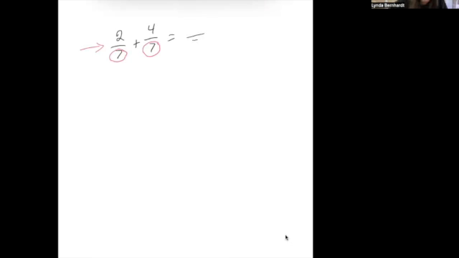You're going to keep your 7 for your denominator. So literally all you're doing is, what is 2 plus 4? 2 plus 4, 6. That's your answer. 6/7, you cannot simplify. So that is very simple addition.